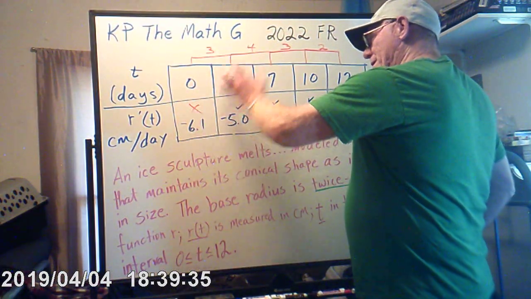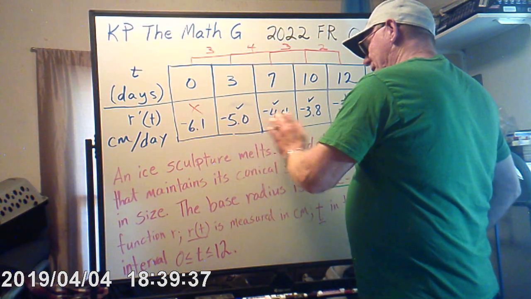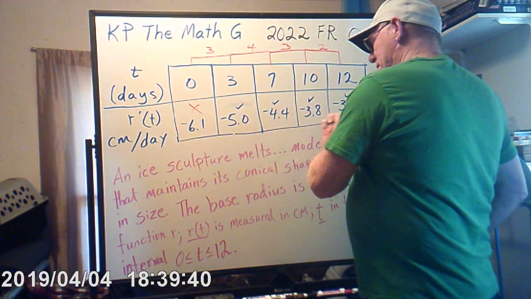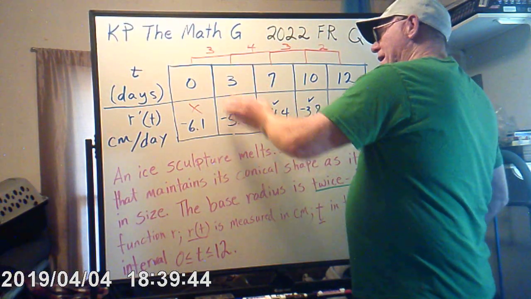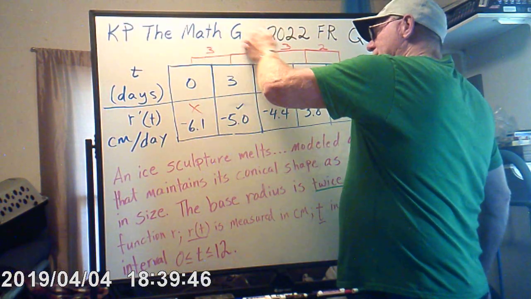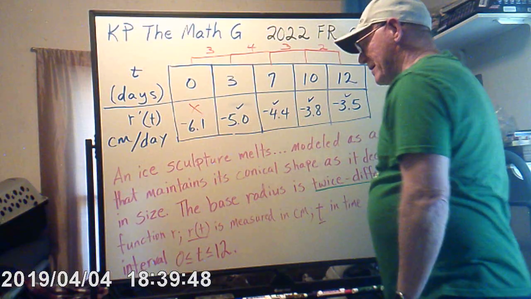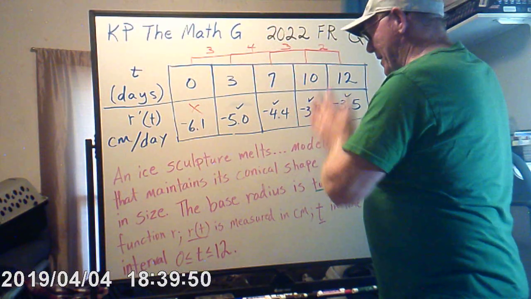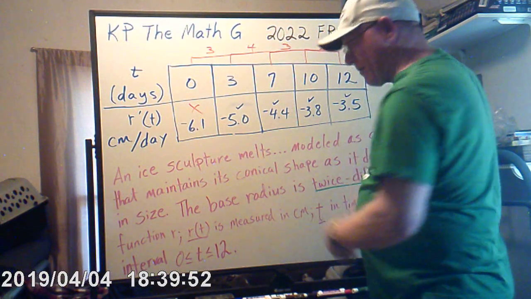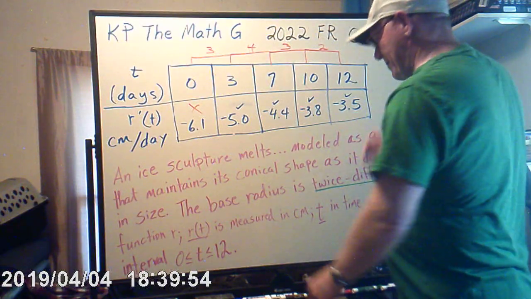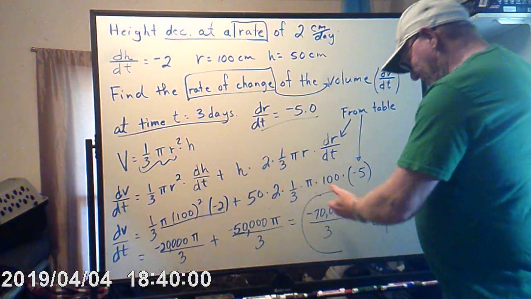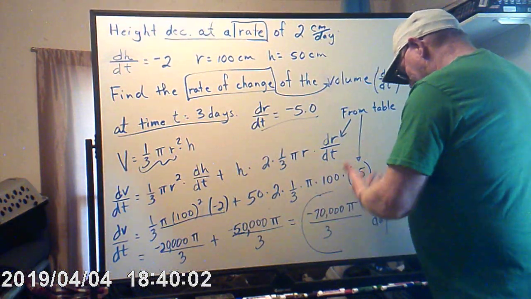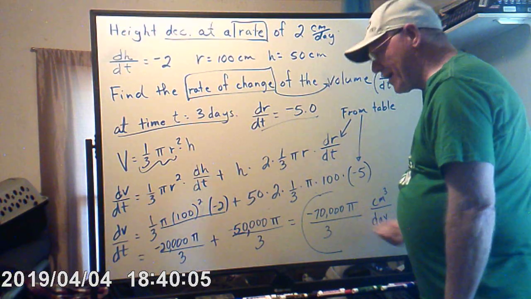Remember, Riemann, these four numbers down here times these delta t's. Add them up, sum them up, and you got it. I think that was negative 51, wasn't it? Okay, negative 51.0, and then of course right here, negative 70,000 pi over 3 cubic centimeters per day.